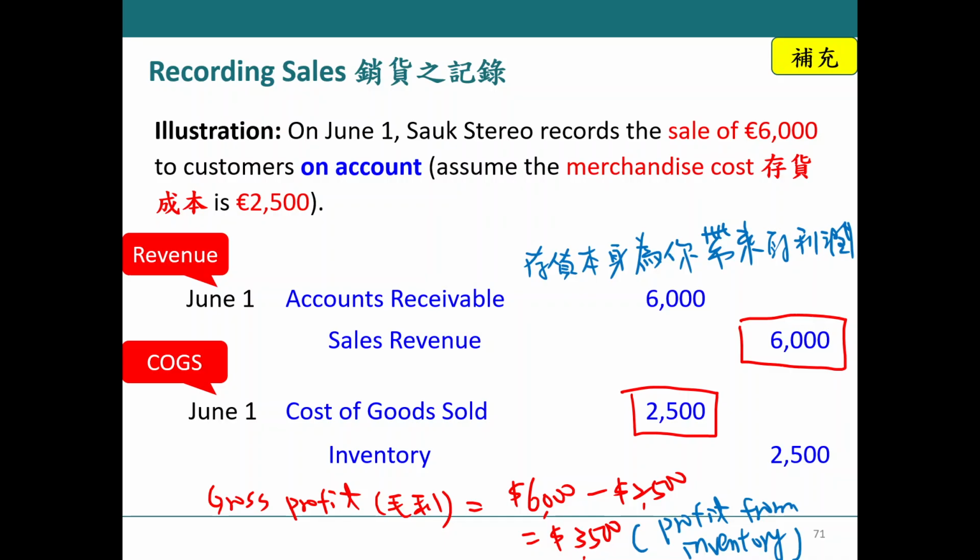We just think about focus on inventory only. I buy it $2,500. I sell it $6,000. So only for this inventory, I don't do anything. Just buy it, sell it. I get the profit $3,500. Okay, any questions? No problem. Take a break.